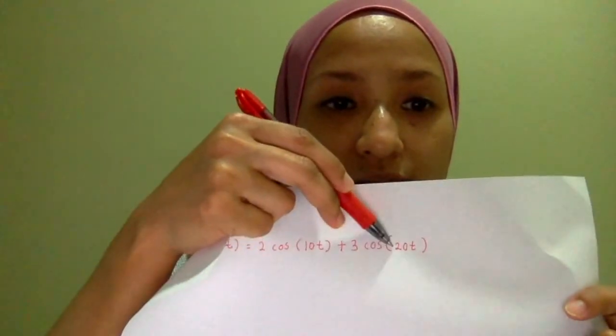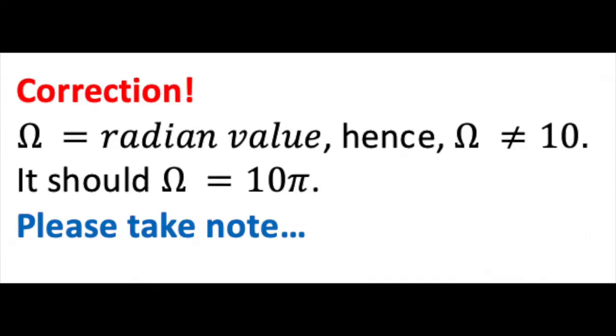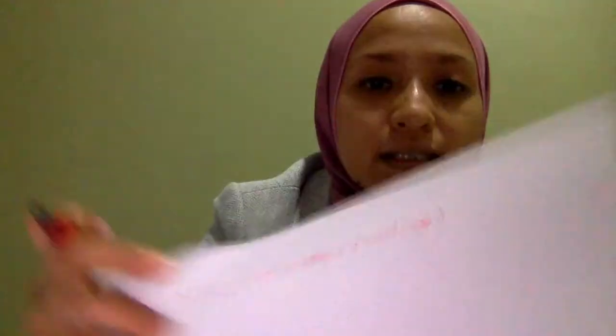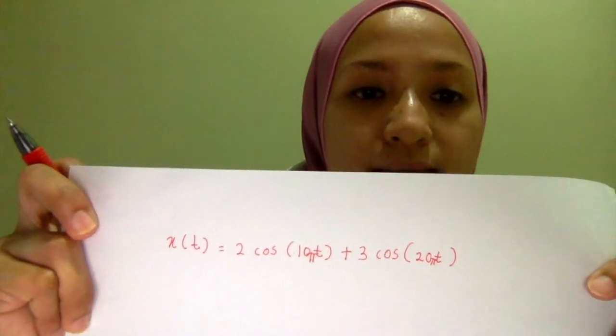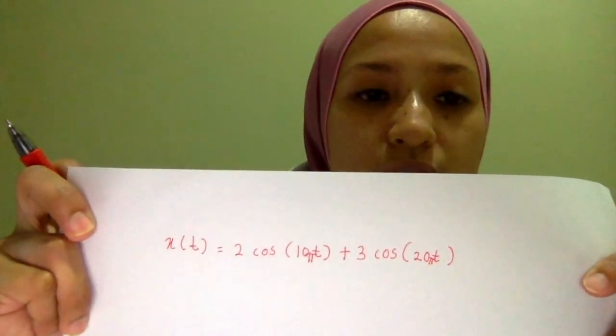So when we have an equation, for example, x(t) equal to, it is not 10t, it is 10 pi t. It is like this: x(t) equal to 2 cos 10 pi t plus 3 cos 20 pi t.